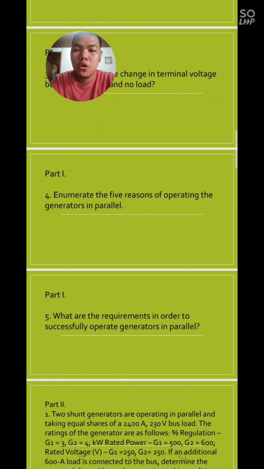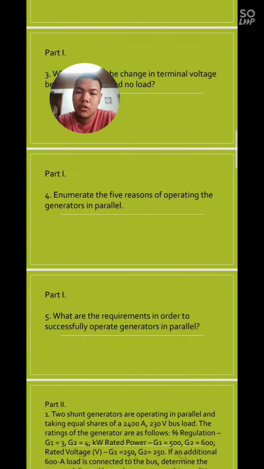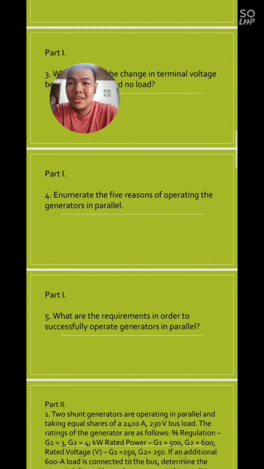So number 4. Enumerate the 5 reasons for operating generators in parallel. Number 1, parallel operation of alternators reduces the operating cost and the cost of energy generation. Number 2, it ensures greater security of supply and enables overall economic generation.